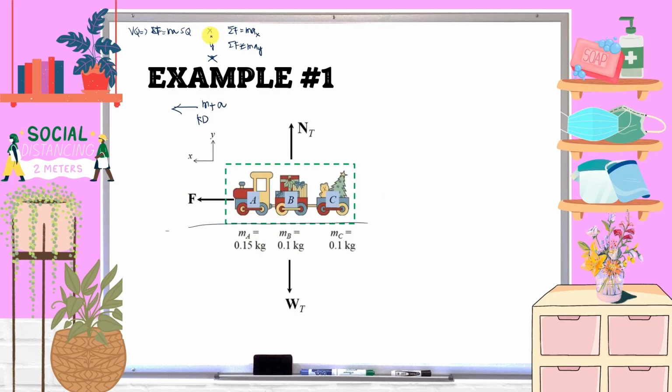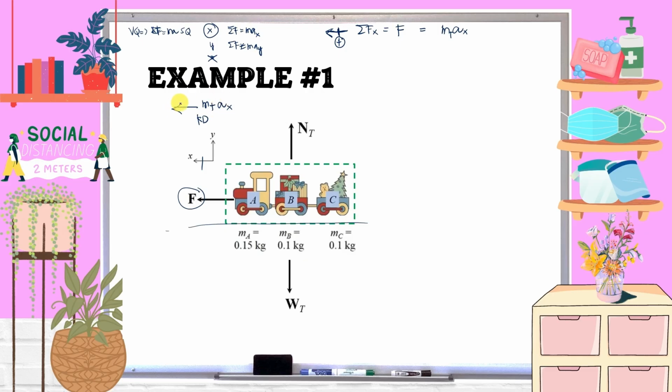For the horizontal, let's first go along the x direction. We said that from the coordinates, this will be positive. You can use this as positive, or mas kinasanayan ni ma'am na ganito ang arrow positive. So we will have the summation of force along x. Along the horizontal, we only have one force, which is the applied force, which will be equated to the total mass times acceleration along x. Do we have acceleration along x?